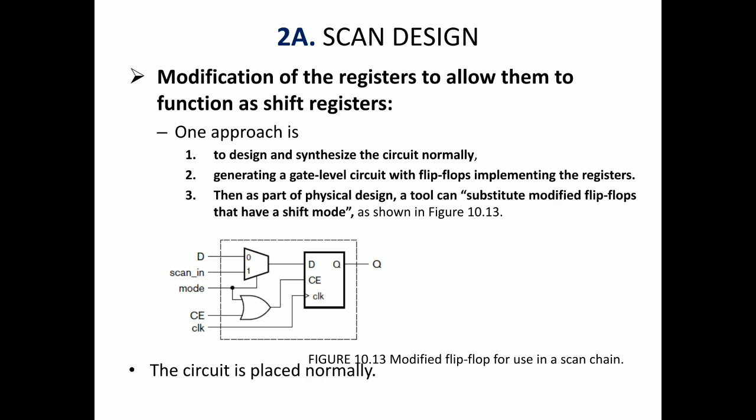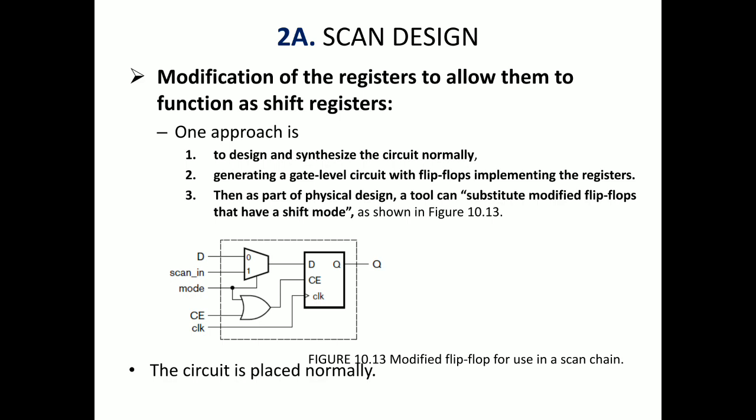Right now we are in the physical design stage. Here we have modified the D flip-flop into a modified flip-flop, so we'll have scan input and we'll be testing the register. In the physical design stage, there is a routing step. In the routing step, connections are made between adjacent flip-flops to form the shift register chain.